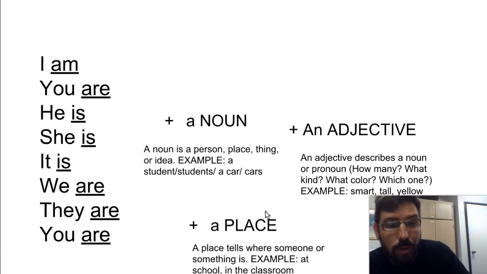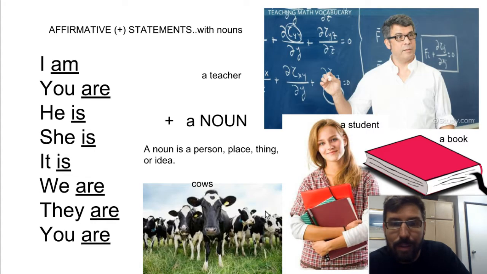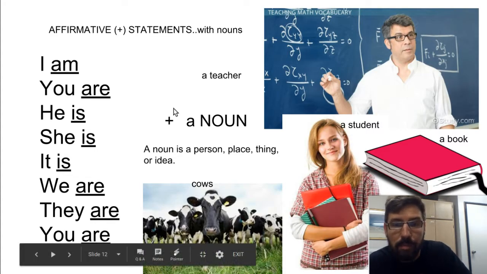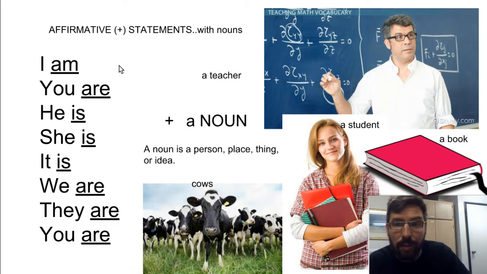Okay, so we're going to go into a little bit more depth now with these. So as I said before, after a to-be verb in the present simple tense, I can use a noun, right? So for example, if I talk about myself, I am a teacher, right? If I talk about you, you are a student, right? A book, now a book is not a person, right?